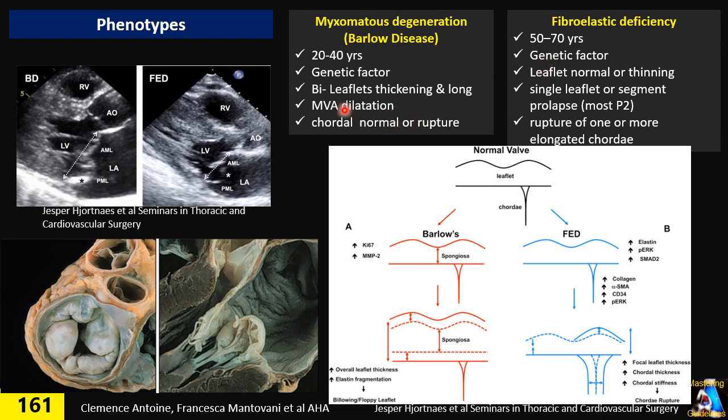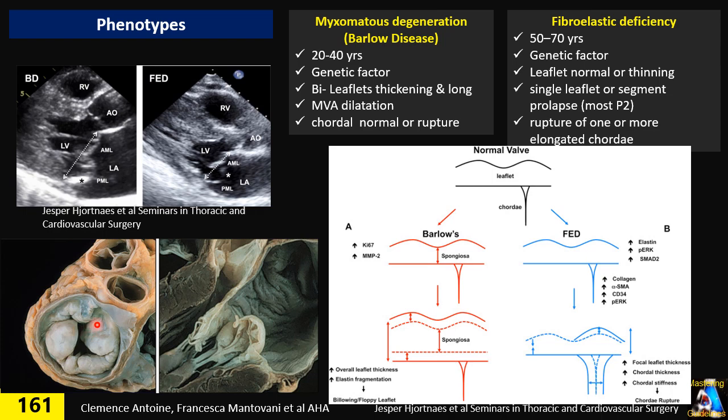In Barlow disease, a positive family history of mitral valve prolapse is about 25%, compared to 5% in fibroelastic deficiency. In Barlow disease, usually both leaflets are involved. They are thickened and elongated, with a puffy shape.